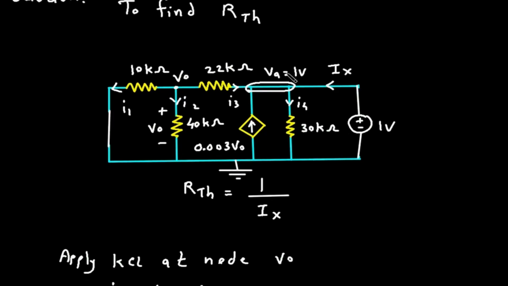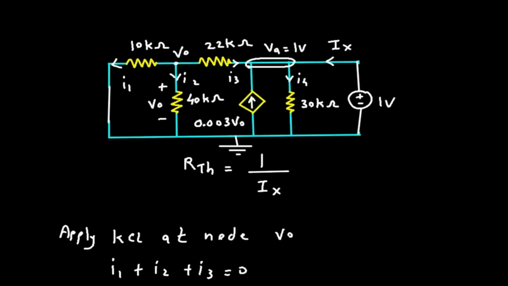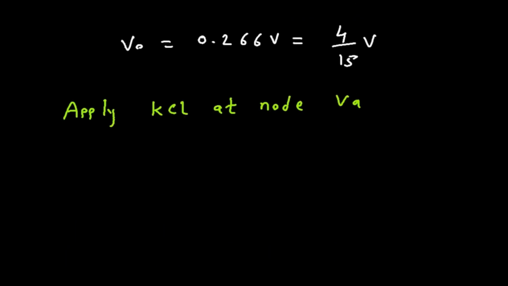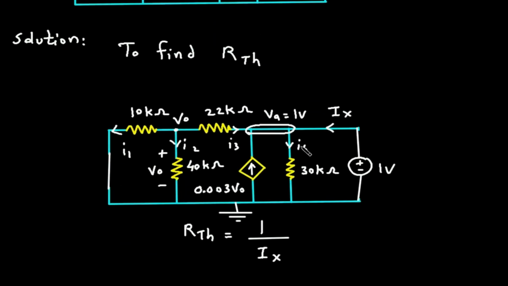If we apply KCL at node VA, summation of all the entering current is Ix plus I3. Ix plus I3 is equal to I4.